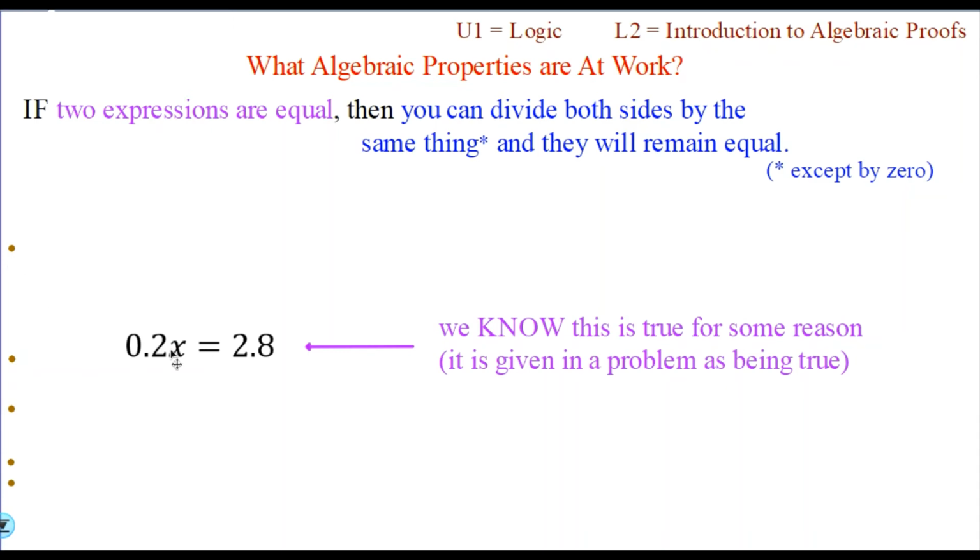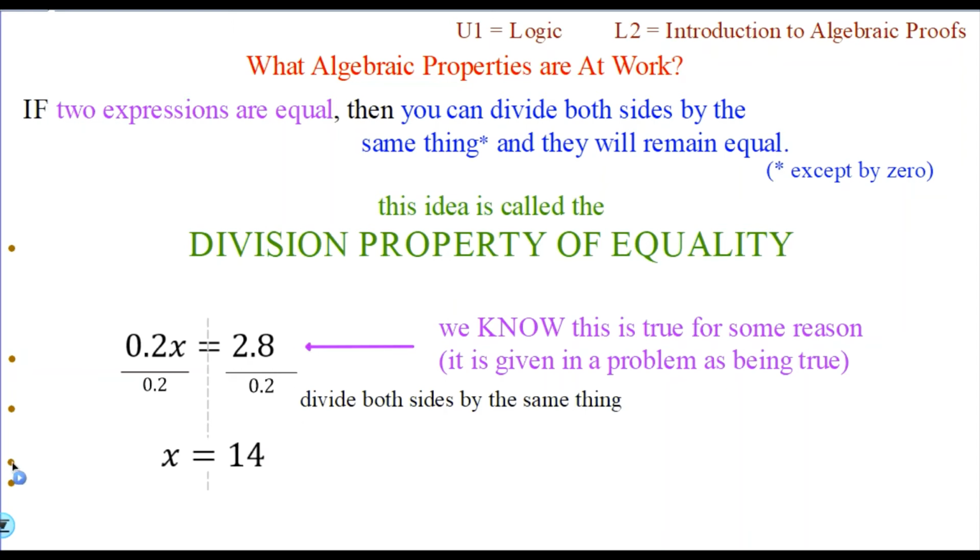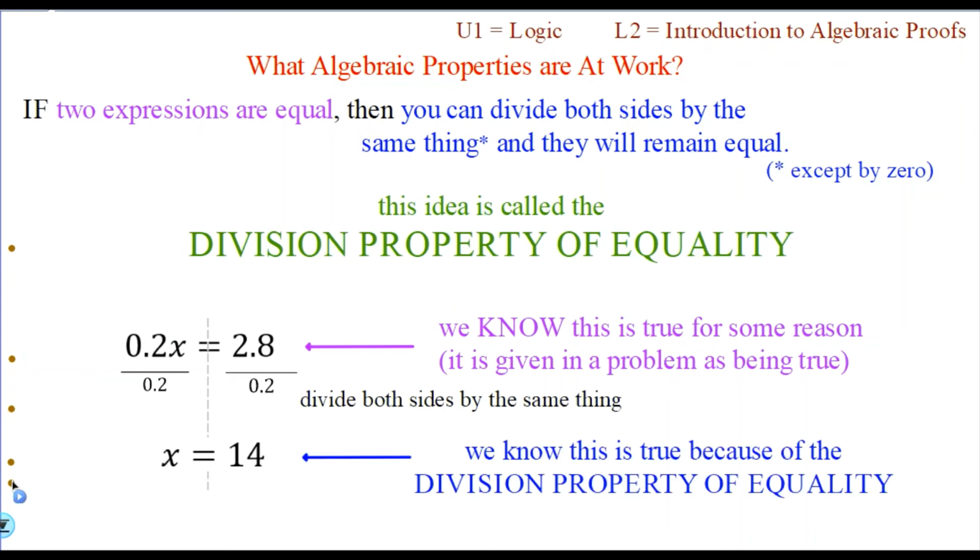And to do this, since x is multiplied by 0.2, we're going to divide to get rid of the multiplication. So we're going to do the same thing to both sides, divide by 0.2 on the left-hand side, and divide this whole side over here by 0.2. And if we do that, we'll end up getting x equals 14. And we know it's true because the division property of equality tells us it must be true.